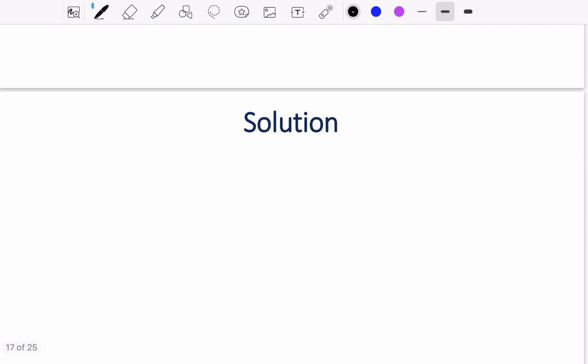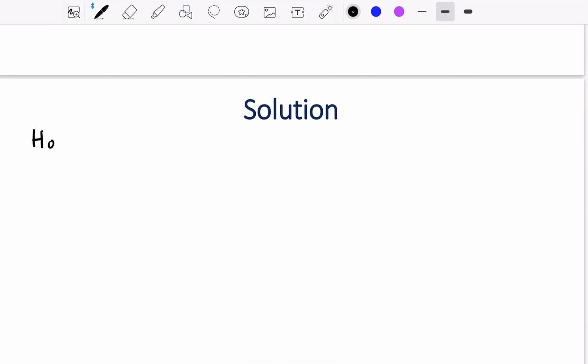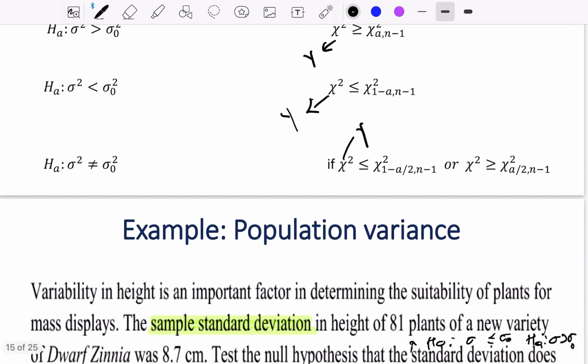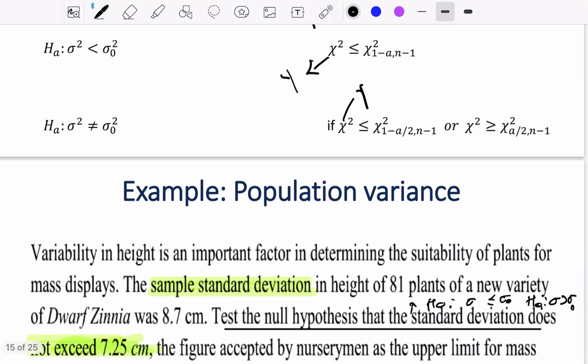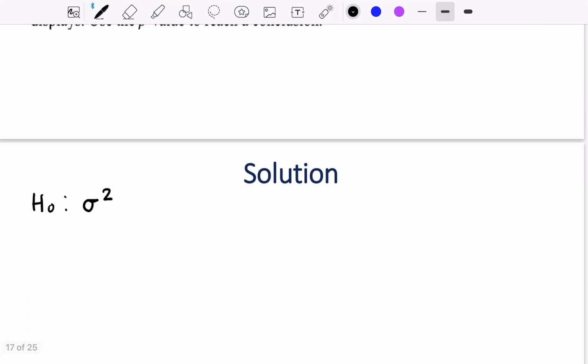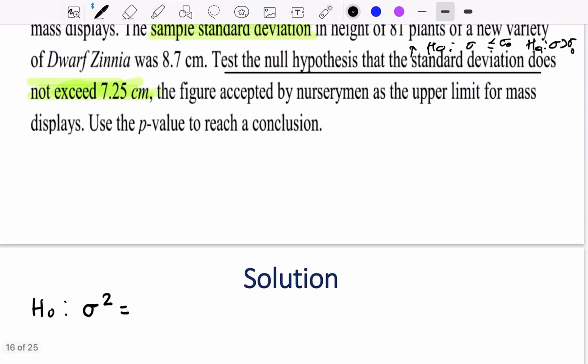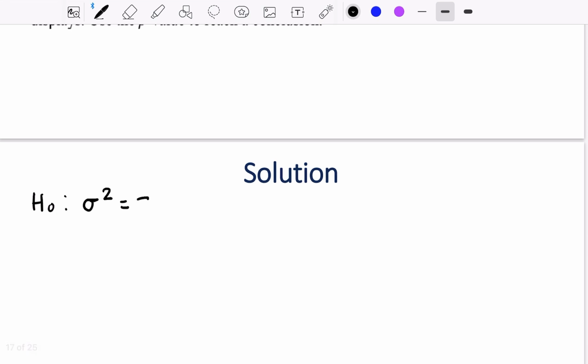So now under the null hypothesis, like I said, you would have sigma squared. Remember, this is for sigma, but sigma is related to sigma squared. So if you're testing for sigma squared, you're also testing for sigma as well. So this should be equal to 7.25 squared, okay?